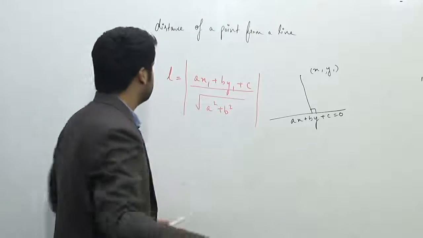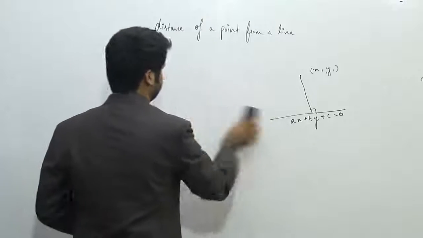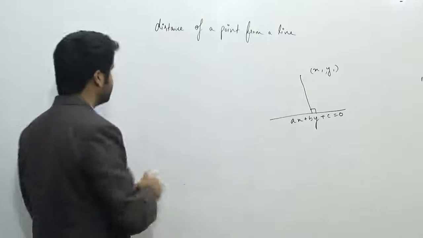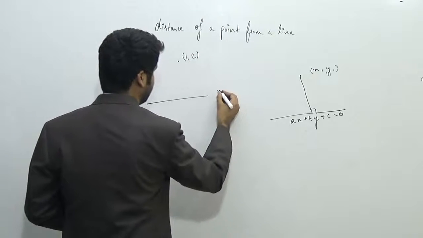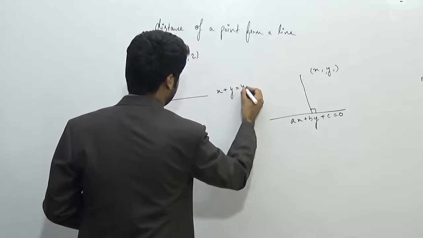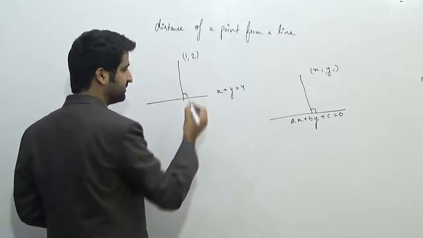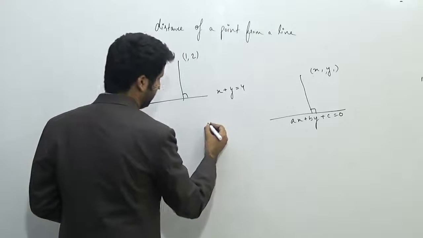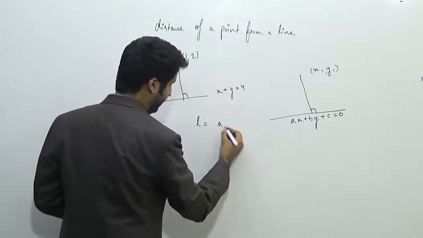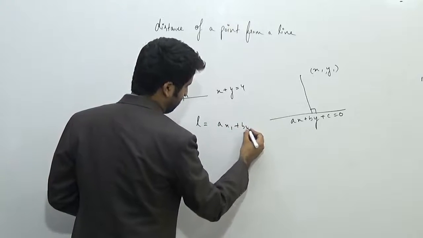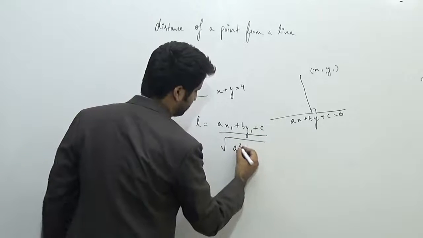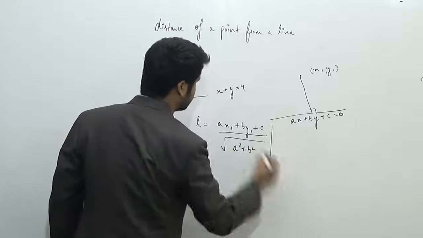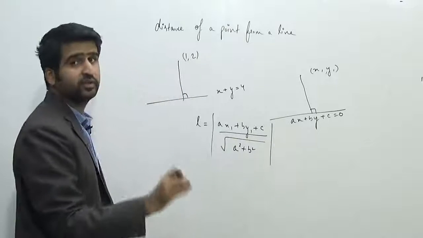Okay, so let's take the same example, 1 comma 2 and x plus y is equal to 4. In this case I want to calculate the distance. So the formula is, let's write the formula again, ax1 plus by1 plus c upon under root a square plus b square, but with a modulus sign, because I want to see only the positive value.